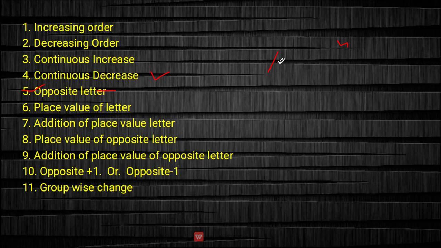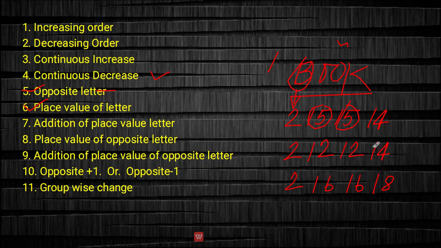So for the letters of HELLO, you have to write the opposite letters, and then the place value of the letter. So if there is a question like what is the place value of this letter, and the options are given, here you can see the B's place value should be 2, O's place value 15, and K's place value 14. So this can be the correct answer.